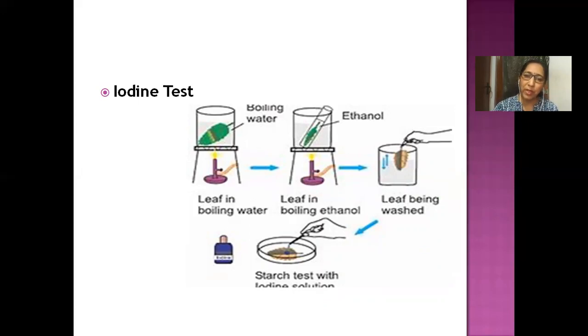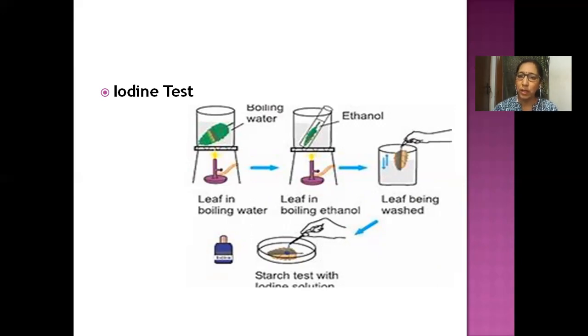Before we get into the experiments, let us have a look at how the iodine test is carried out. The leaf which has to be tested for all these experiments must be boiled in water. After boiling in water, it has to be shifted to another test tube, where we are going to take alcohol. Direct heating of alcohol is not allowed as it is very dangerous, so we are adopting double boiling or a water bath.